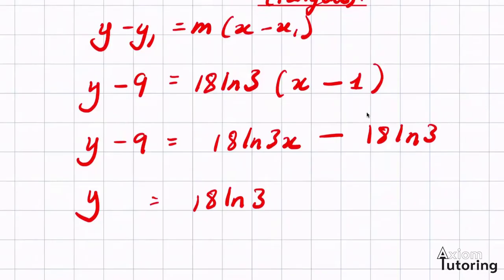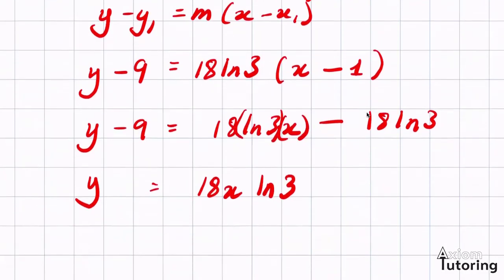Let's put the x at the front, typically that's how we write it. So we can write it as 18x ln 3. That's not ln of 3x, that's ln 3 times x, so I'll just put those in brackets there. Minus 18 ln 3 plus 9.